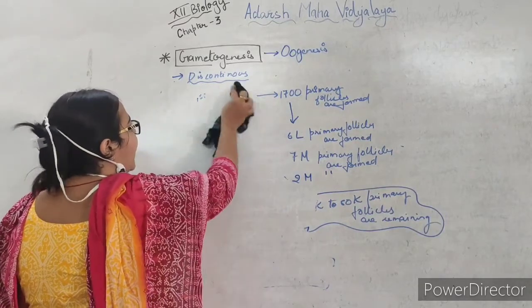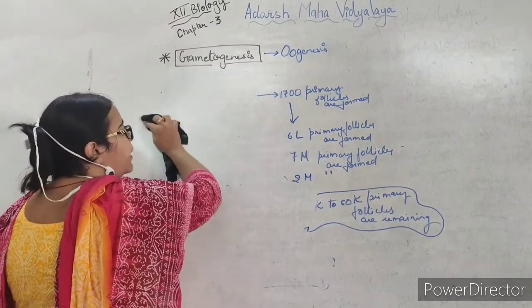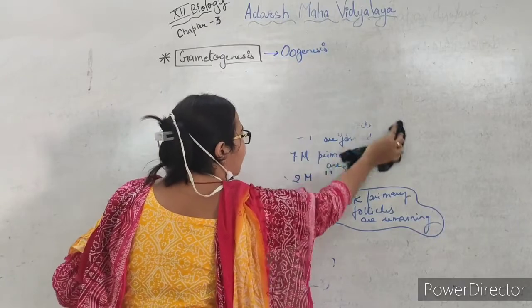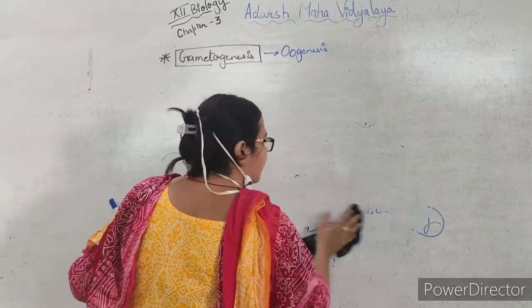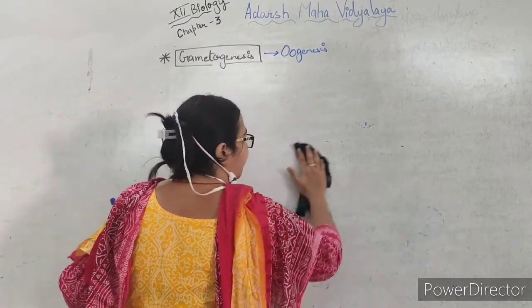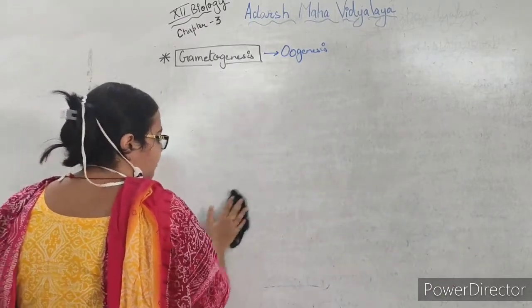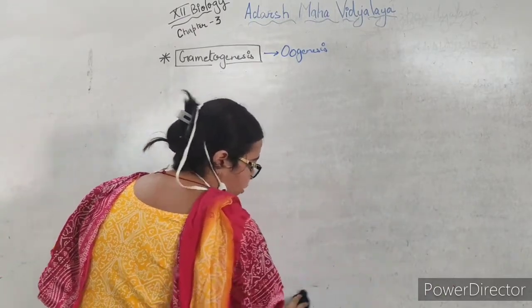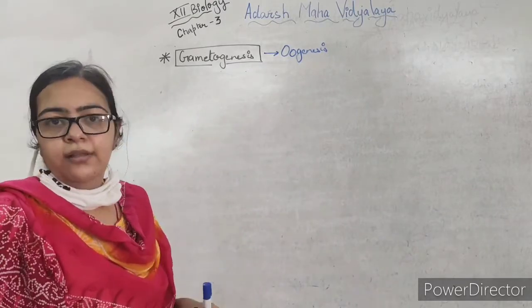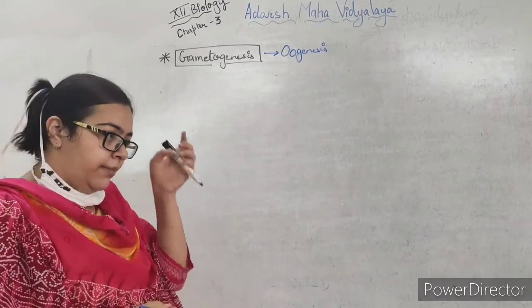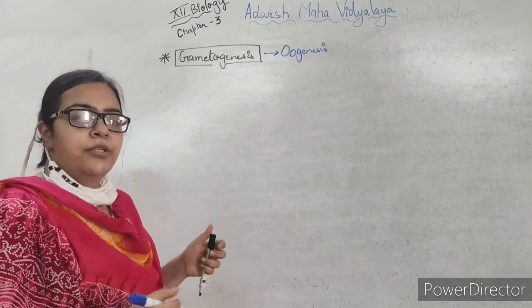Now we'll come to the main process, oogenesis. As we saw in spermatogenesis, there were 3 phases. The first was the multiplication phase, the second the growth phase, and the third the maturation phase. The multiplication phase is the mitosis, the equational division.